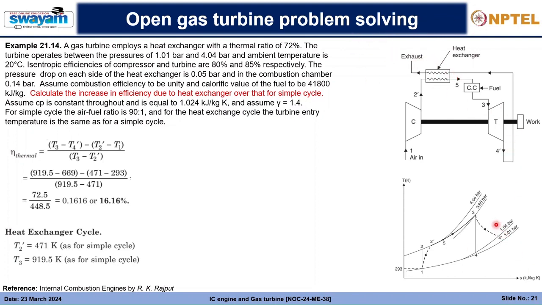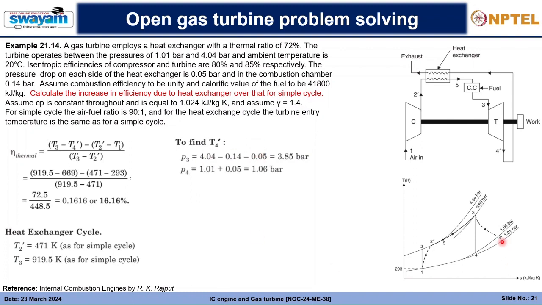That's why we'll have to add up this pressure out here. So the pressure P3 will be 4.04 minus 0.14, that is the combustion chamber, and this is for the heat exchanger, 3.85 bar.